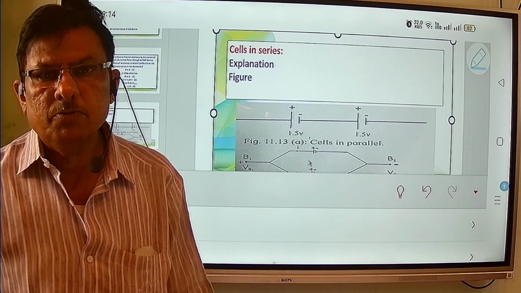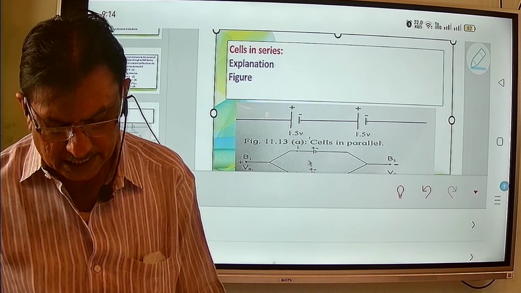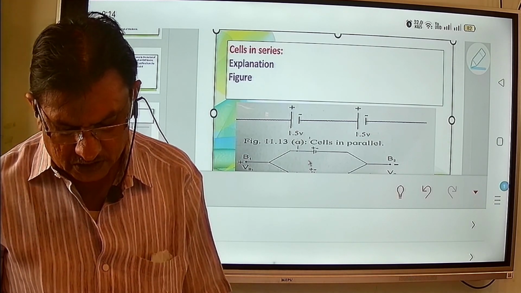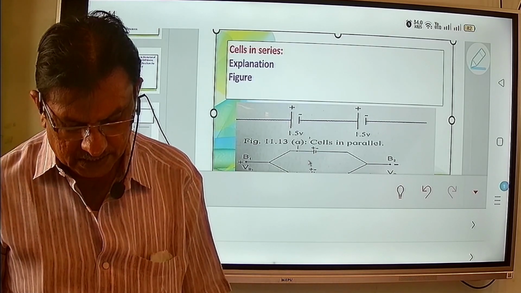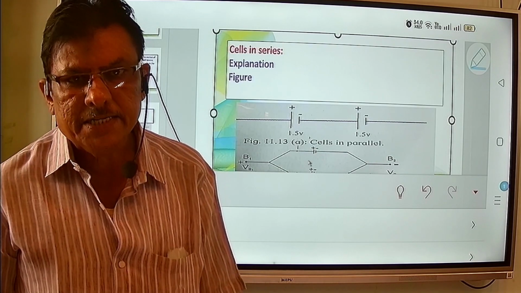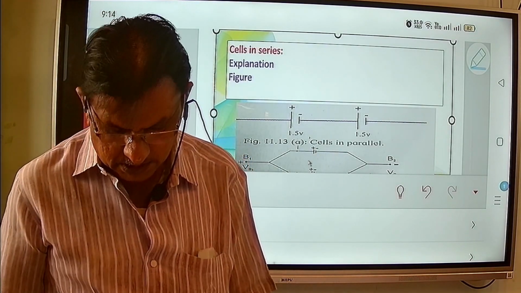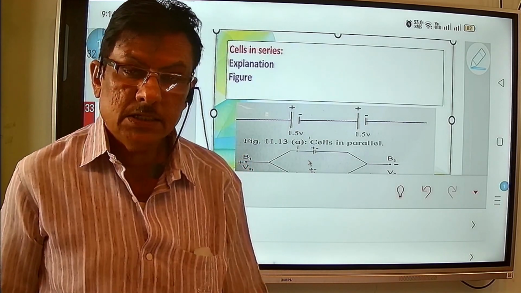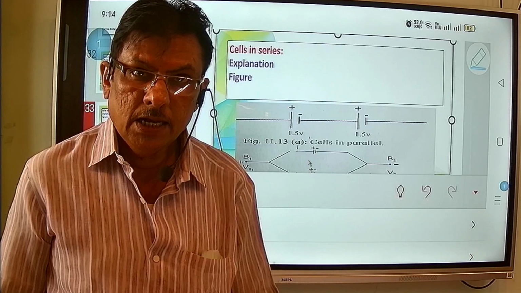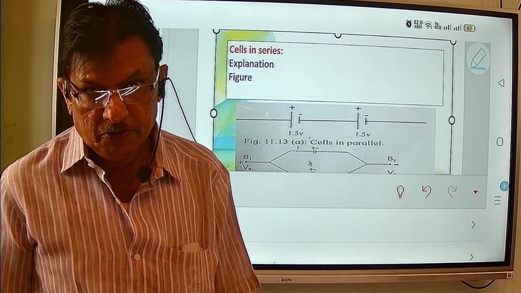So the result will be what? Algebraic sum of the individual EMF. Hence we have written it as summation of Ei, where i takes the value from 1 to n. Now there is also the important role of the internal resistance, small r, across the individual EMF.